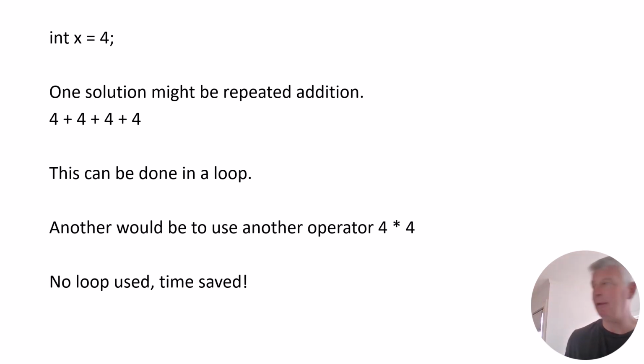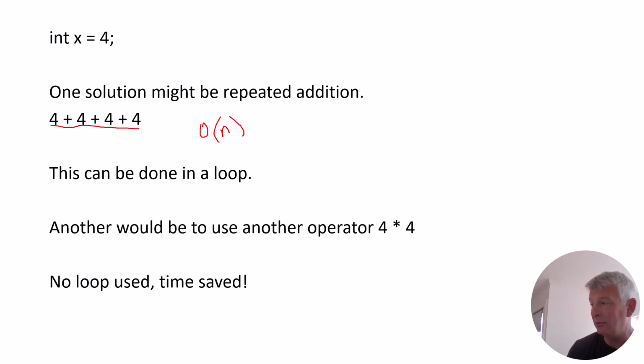So I think of repeated addition. So I could write a function that returns the square of a number by doing repeated addition in a loop. And that would be O of n.